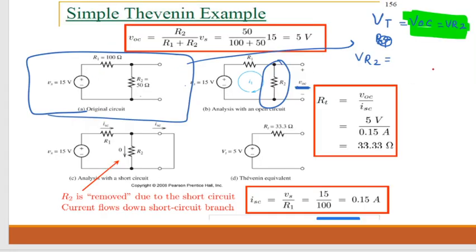We'll do the same thing here, where the total voltage is 50.